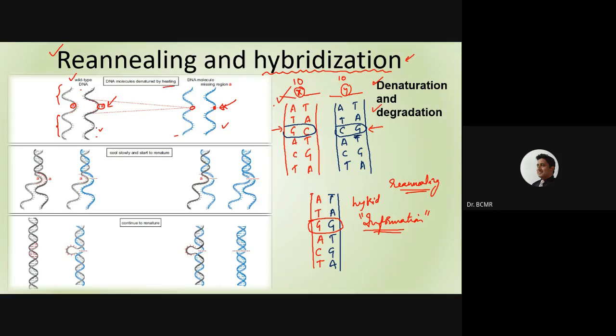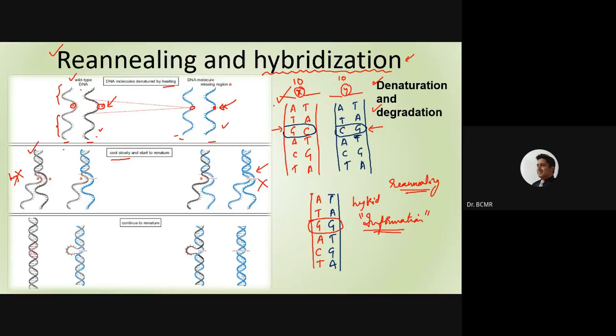So when you heat them, the double-stranded DNA will become single strands like these, and when you put them back into normal temperature and cool it slowly, they will try to find partners. You may have wild type strands coming together and base pairing. This is not a hybrid. You may also have mutant strands coming together and base pairing, and that is not a hybrid either.